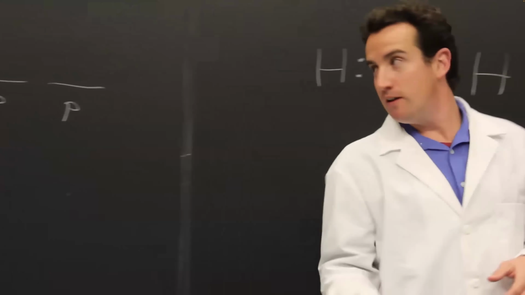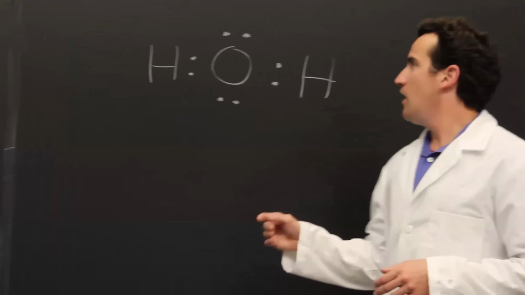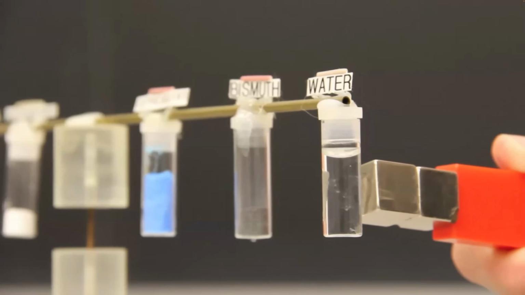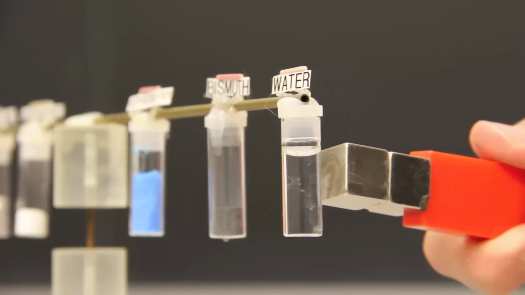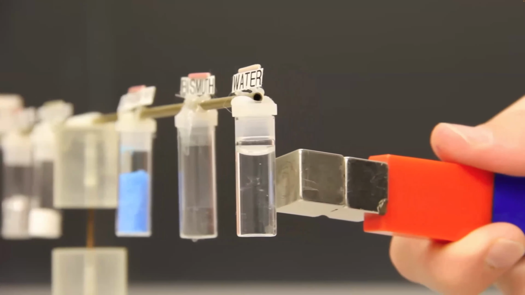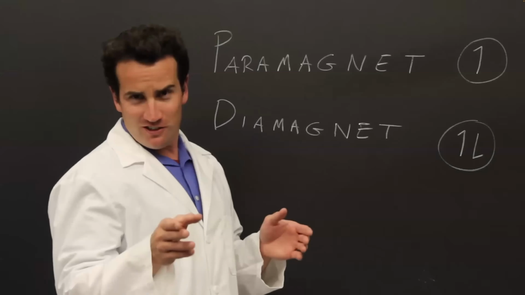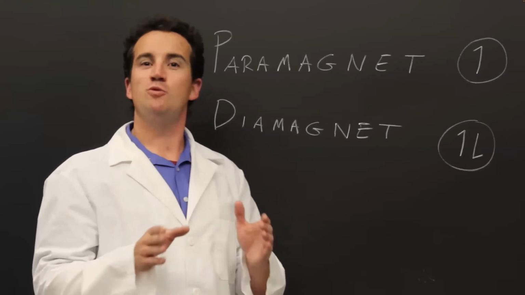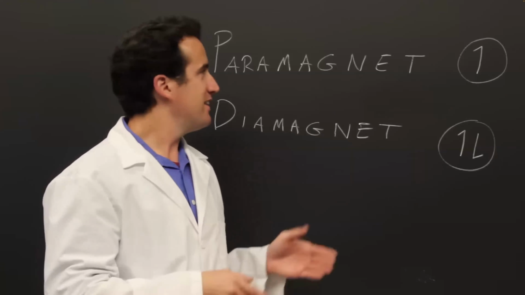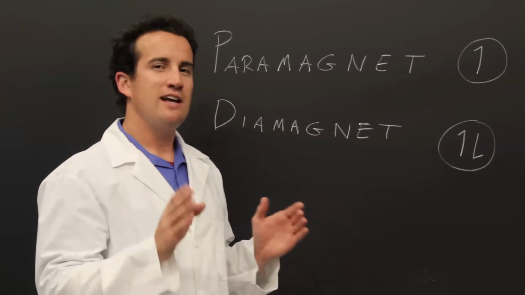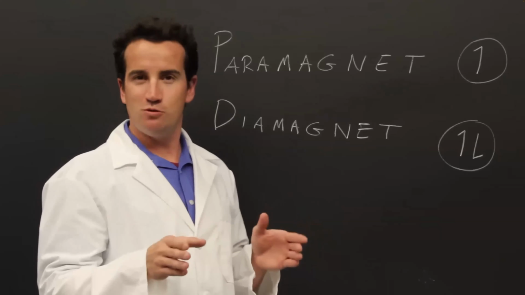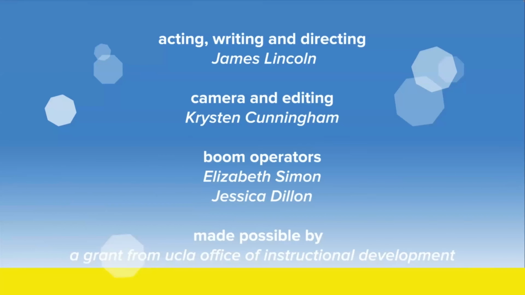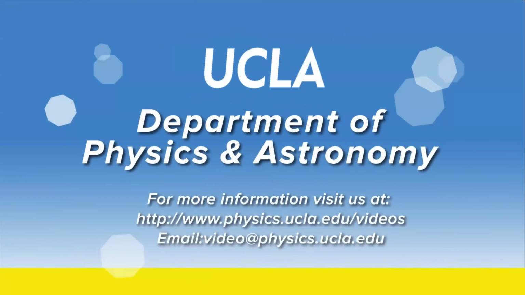Yeah, same example. It has at least one unpaired electron. That's it. Actually, this is the whole chapter itself.